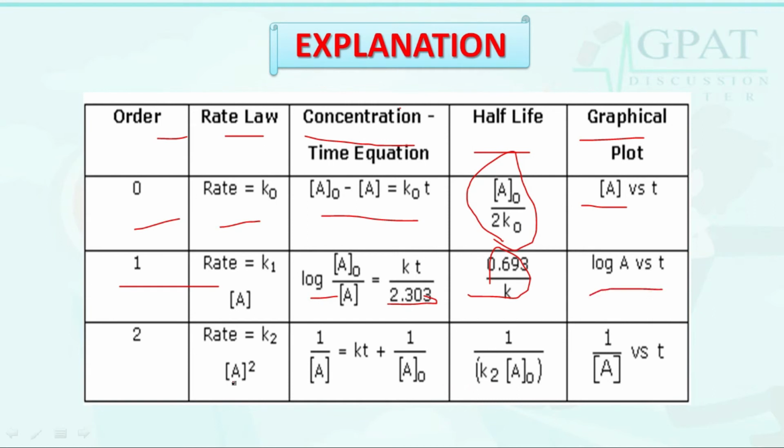For the second order, the rate law is rate is equal to k2 a square, and the equation is 1 by a is equal to kt plus 1 by a naught, and the half-life of second order is 1 by k2 into a naught, and the graphical plot is between 1 by a versus t.